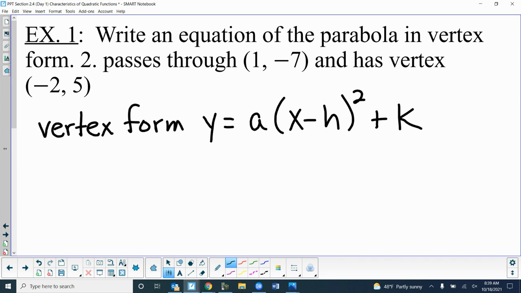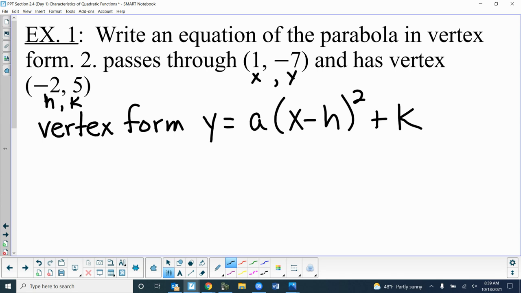All right, and we're just going to substitute in. So remember, when we have a point, this is the x value, that's the y value. It's called an ordered pair, right? It's in alphabetical order. The first number is the x value, the second number is the y value. All right, vertex, again, the negative 2 is the x, the 5 is the y, but in our vertex form, it's h and k.